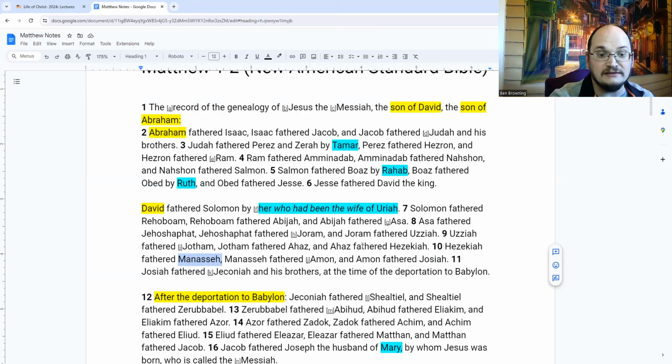You have other kings like Uzziah, who was a pretty good king, but then ended up getting struck with leprosy because of his impiety. Even David is known for his sexual sin of adultery and the murder of Uriah, which is mentioned here. So it's hard to say that he intentionally mentions these women just because they're known as being particularly sinful or having particular sexual sin. It's a really hard call.